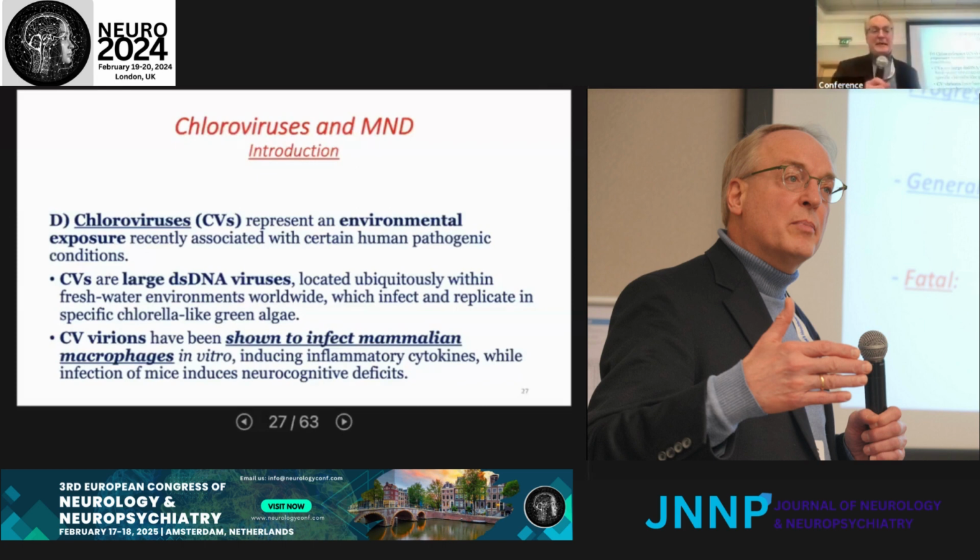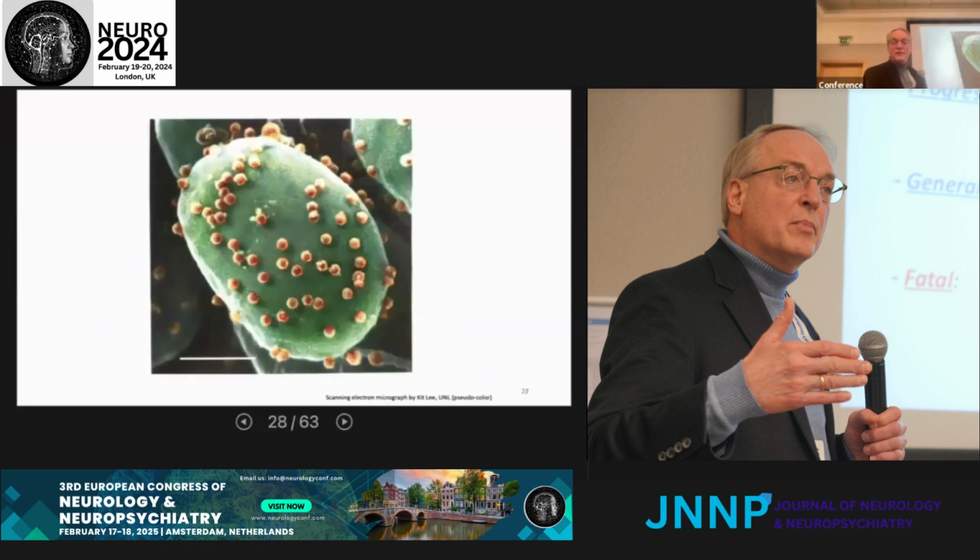They infect and replicate in specific green algal blooms, and I'll show a picture of that in a second. Chloroviral virions have been shown to infect mammalian macrophages, which is a focus of what we'll be discussing today, in vitro, inducing inflammatory cytokines, while infection of mice has induced neurocognitive deficits.